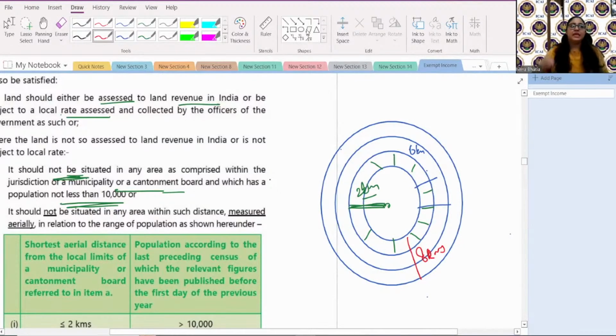Vicinity means any land which is immediately near to that, any building which is immediately near to that land. Now you can do the example, it would be pretty much clear.